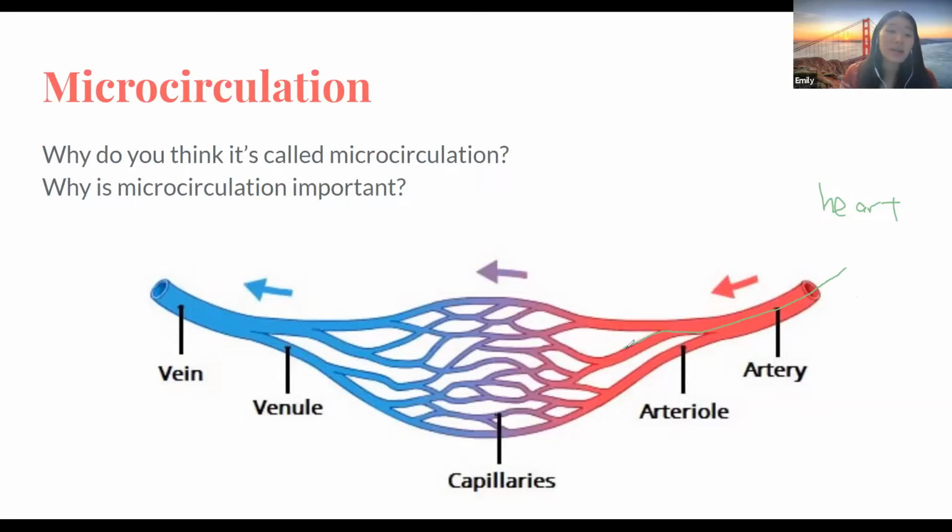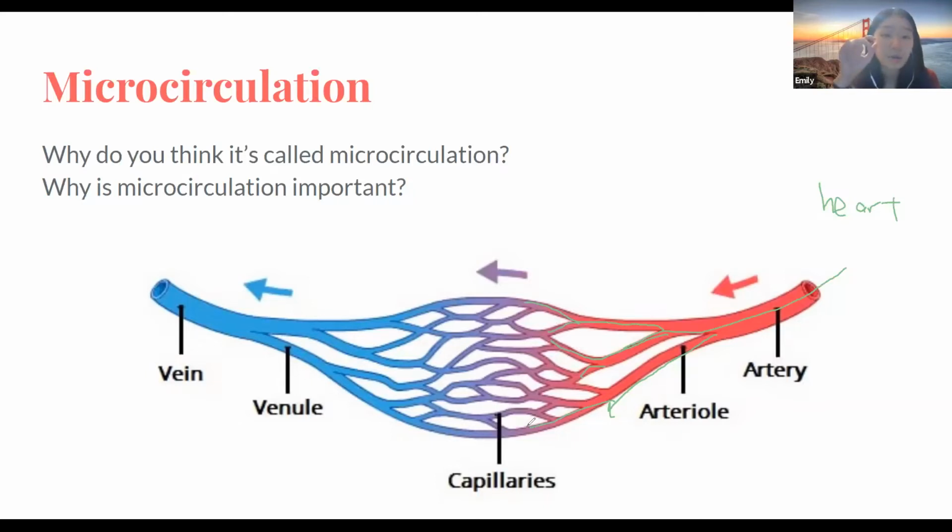In order to go into every nook and cranny and crevice in your body, they're going to have to get smaller. They're going to branch out and become mini arteries called arterioles. And these arterioles are smaller than arteries, but they're actually pretty big too. So they are going to become even smaller, keep branching out, becoming thinner and thinner and more numerous until they become these super thin blood vessels called capillaries.